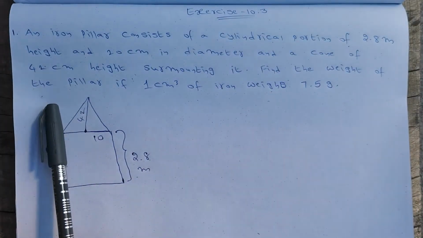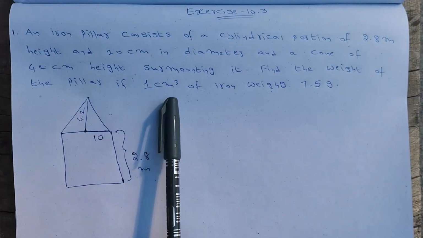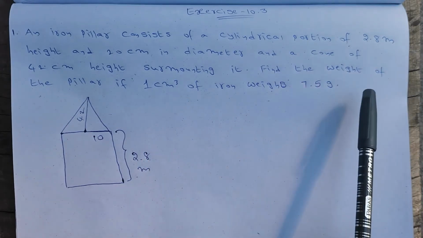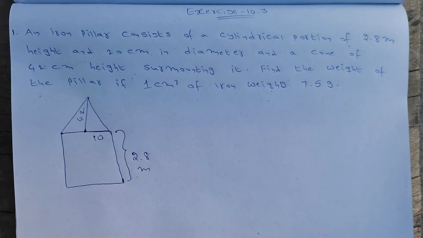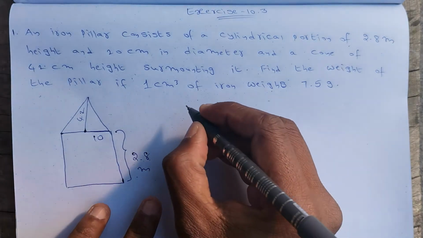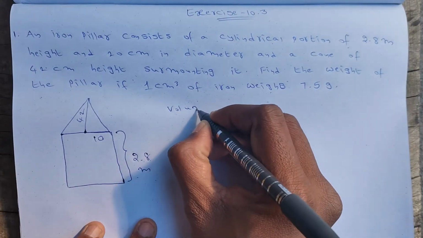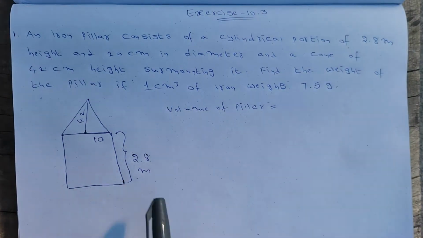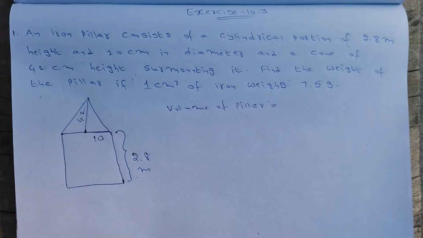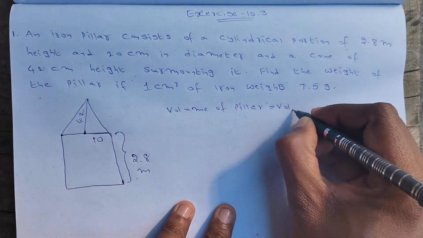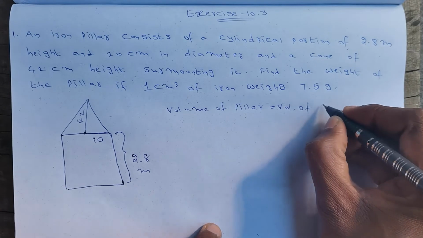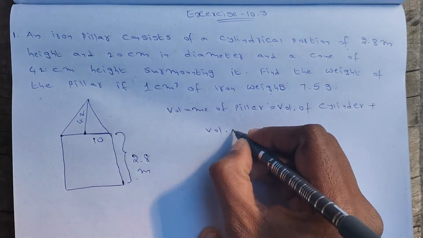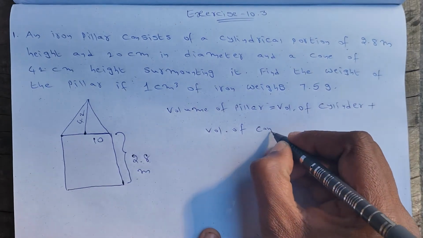Then find the weight of the pillar if 1 centimeter cube of iron weighs 7.5 grams. So to find out the weight, first we need to find the volume. This total pillar consists of two figures, so volume of pillar is equal to volume of lower part, the cylinder, plus volume of upper part, the cone.